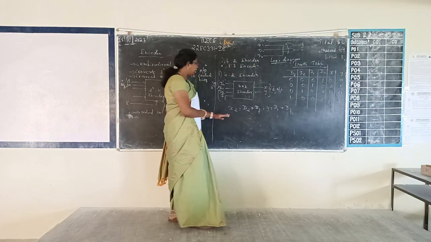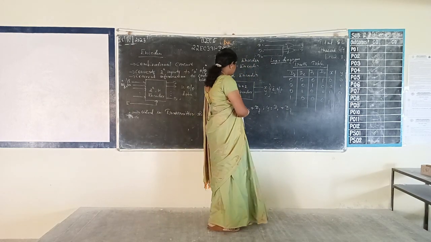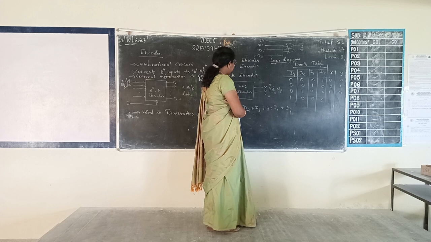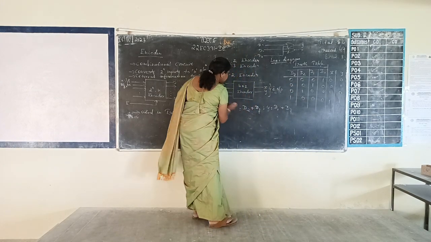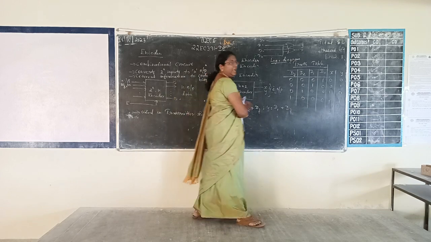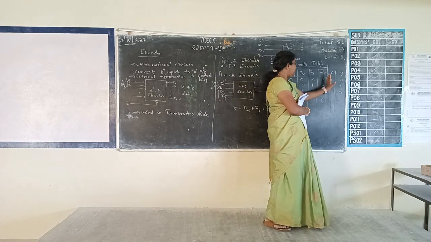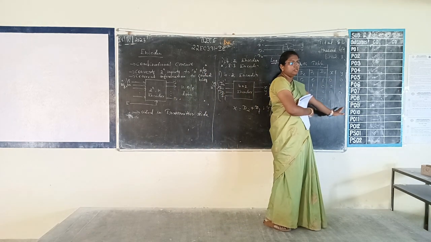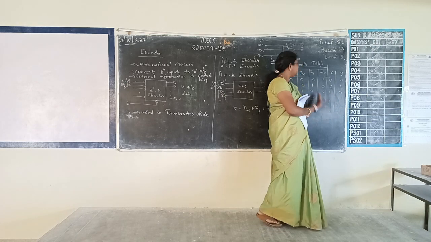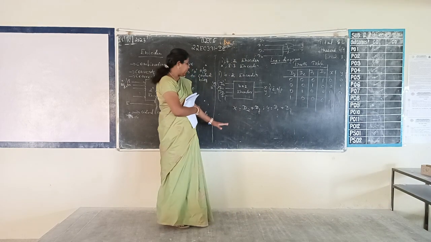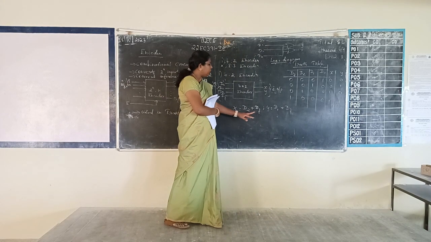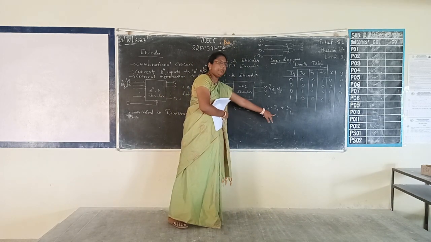Then you can write the output equations. See, listen here. You have to draw the K-map for X and Y. From that K-map, you get the output as X equals D2 plus D3, and Y equals D1 plus D3.